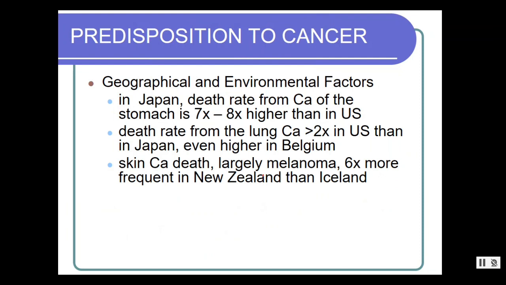Now, other things that are considered in the growth of your cancer would be geographical and environmental factors. For example, in Japan, the death rate for cancer of the stomach is 7 to 8 times higher than the US. Why is that so? Well, when you say environmental factors, these are factors that are affected not only by what we get from the environment but also our vices or our food intake.